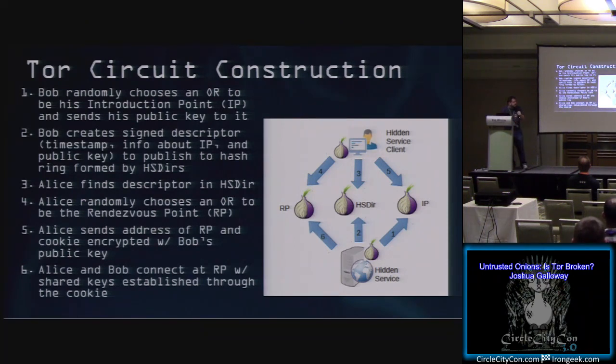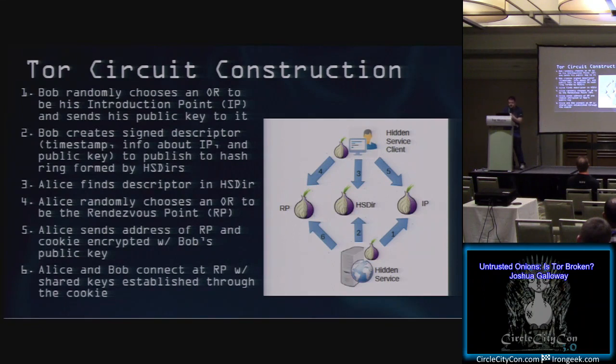I know this diagram is confusing, but it's honestly the least confusing diagram out there on this. So Bob chooses an onion router to be the introduction point. Now this is not to be confused with an entry guard node. It's totally different. It's more the onion router that makes the introduction between the client and the hidden service server. And that's when step 2 happens.